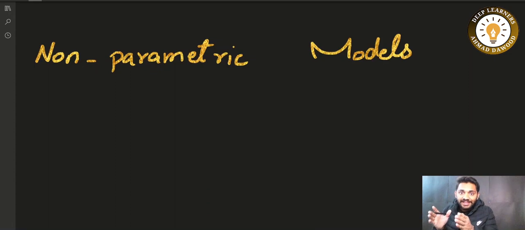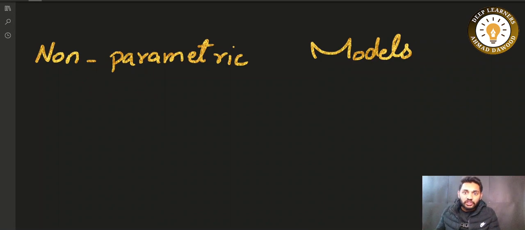Till now you know that these models have some equations and there are some coefficients, which we also call parameters, that we try to calculate during the training process. We fix our parameters according to our number of independent variables. Like in the linear regressor, if we have three independent variables, we say that we have three coefficients and one intercept, so we have four parameters, and we try to get some optimal values for these parameters during our training process.